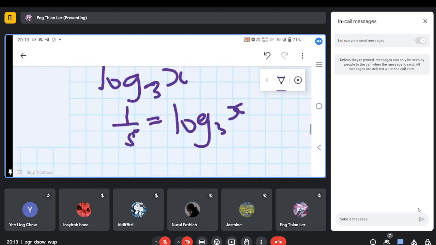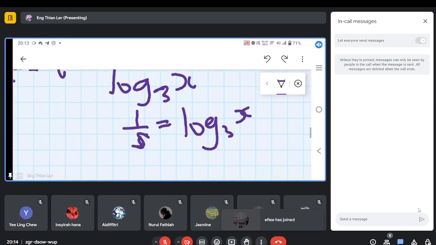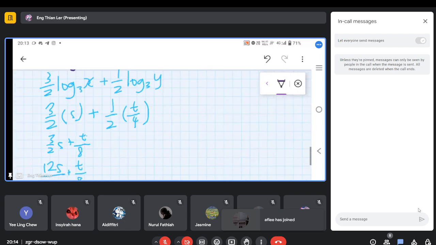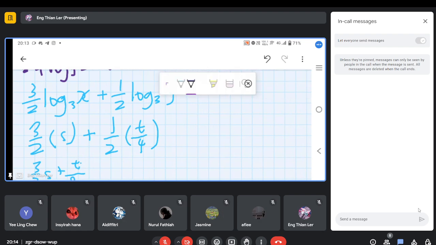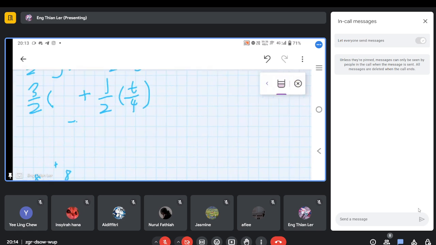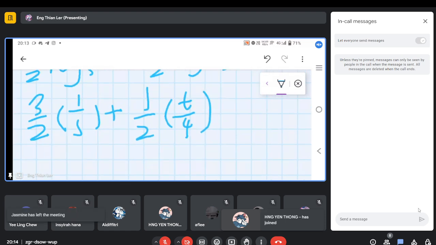I mean log x base 3 is actually 1 over s. So we can substitute log x base 3 with 1 over s. So I made a mistake. This is 1 over s.